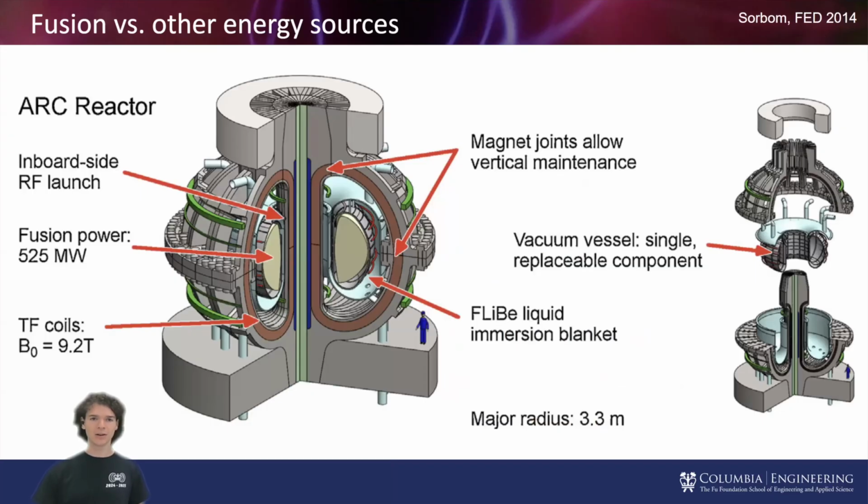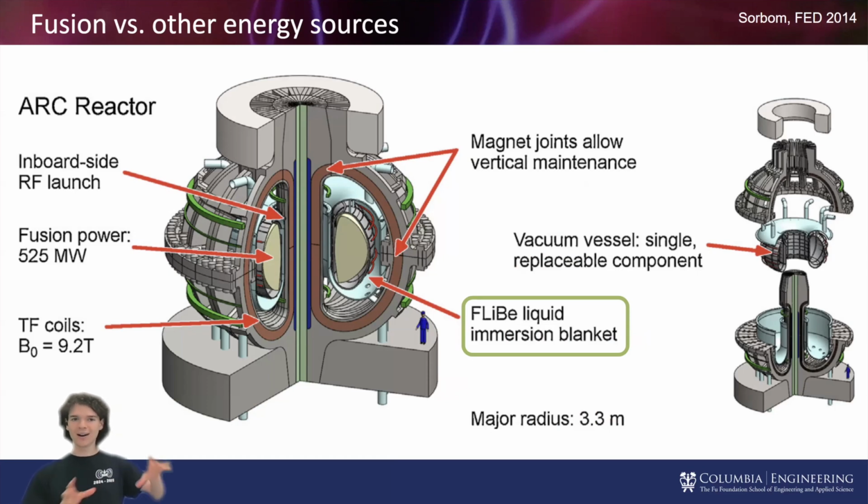An example of how this would look is the ARC reactor, which is what a company called Commonwealth Fusion Systems is planning to build for a fusion pilot plant. There's a lot of information on this slide, but the thing I want to direct you to is the FLIBE liquid immersion blanket, which would sit inside of the magnets in the fusion device.